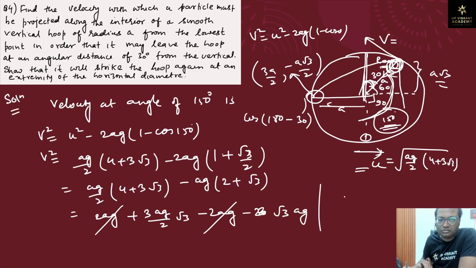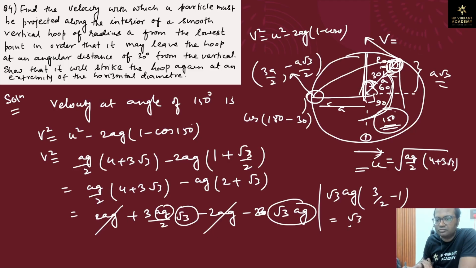So this is equal to, ag common and root 3 common. So root 3 ag gets common, so 3 by 2 minus 1. So this is equal to 1 by 2. So root 3 by 2 ag. This is the velocity. V square is equal to root 3 by 2 ag.